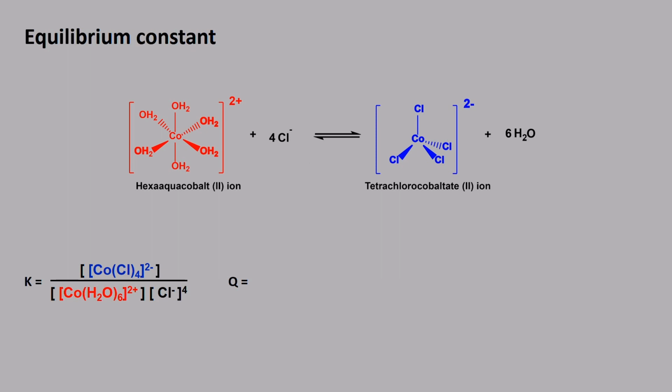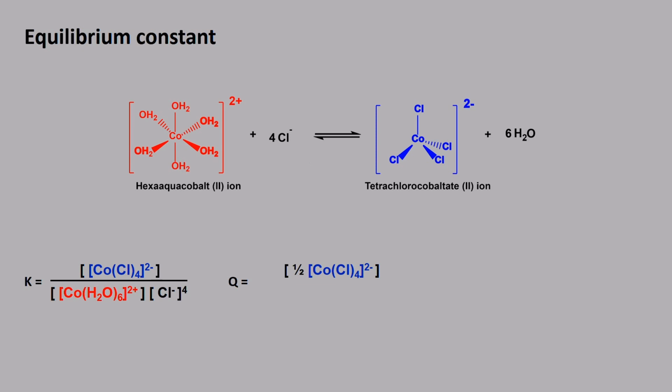So K is for equilibrium conditions, and Q, our reaction quotient, is for any other conditions that are not necessarily equilibrium. So let's look at a situation where we increase the volume of the solution by a factor of 2.